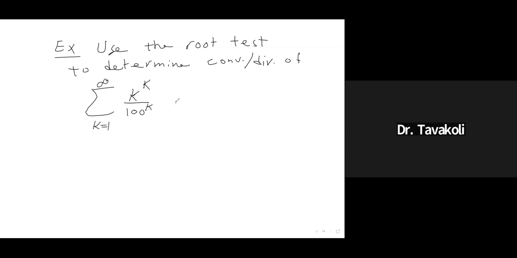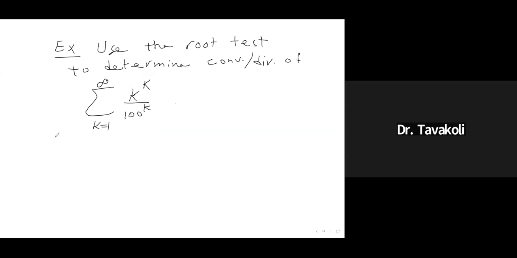So on the top, I have k to the power of k. At the bottom, I have 100 to the power of k. So in fact, the kth term is k to the power of k over 100 to the power of k.